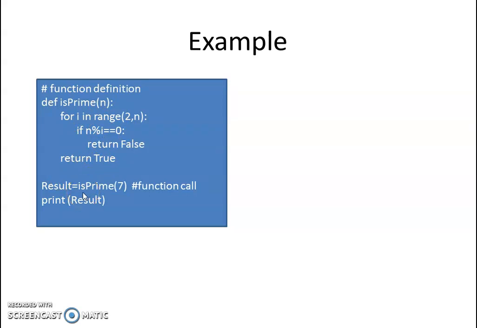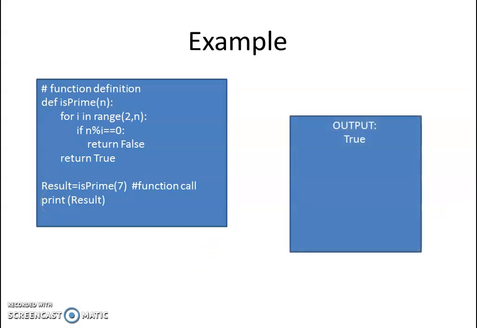We are calling the function is prime and checking with this argument 7. Here 7 is the argument and this 7 is passed to n, and the return statement returns a value, and that value is assigned to the result variable, and we are printing the value of this variable, right?